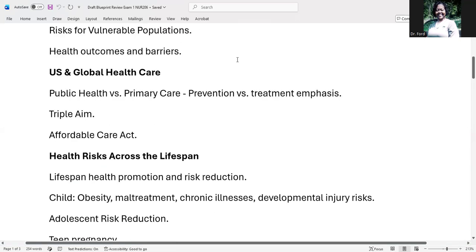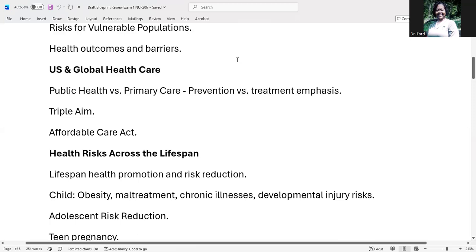So we have public insurance. That's going to be your Medicare and your Medicaid, and then your Veterans Administration, your VA insurance. Okay, so Medicare, we tend to think of, we want to take care of our elderly, so we think about 65 and older.